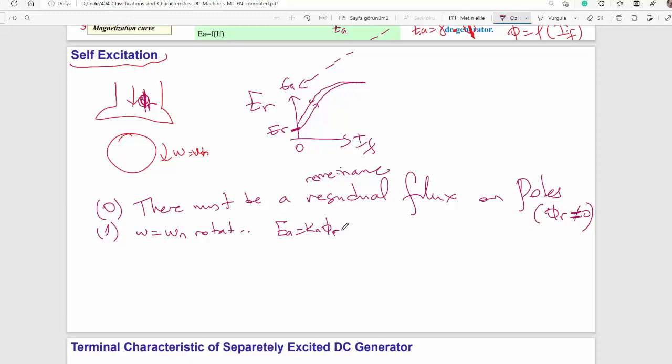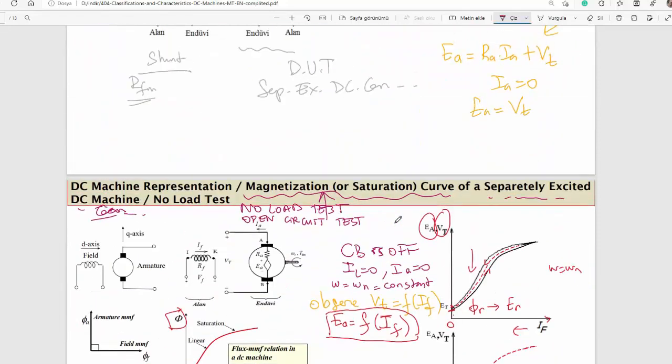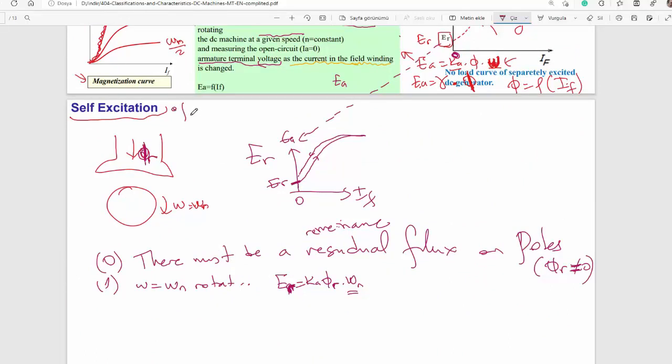Here is the residual flux. Here is rated speed. After you have rotated the system, here is residual flux, EMF in the system. That residual flux in the shunt machine, self-excitation of a shunt DC generator.